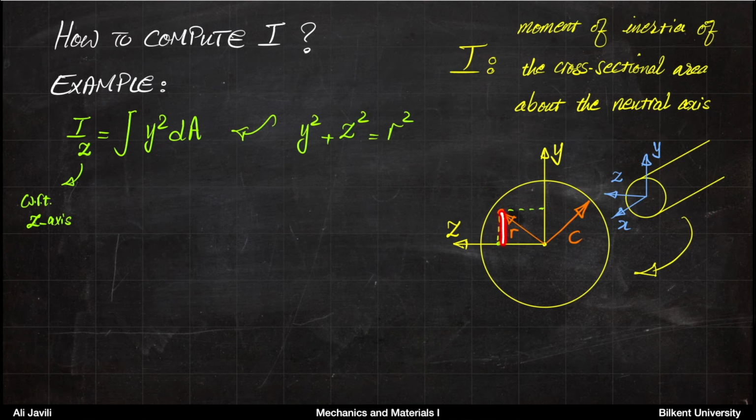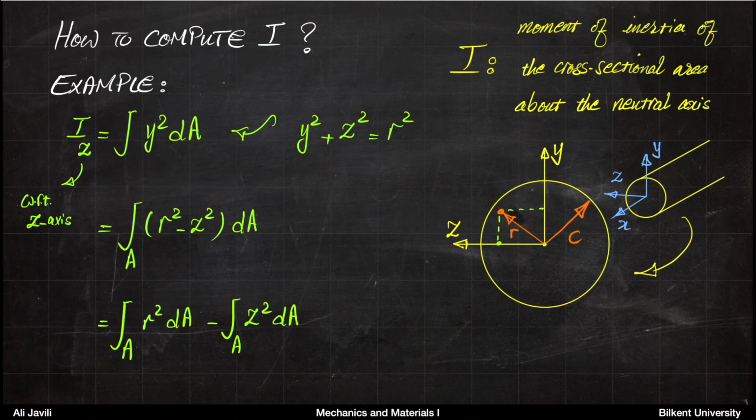Now for the triangle that you see here, you can write the relation between the coordinate y and the coordinate z and the radius r for each point. If you do that, instead of y squared, you can write r squared minus z squared. The next step is to split this integral into the two integrals that you see here.